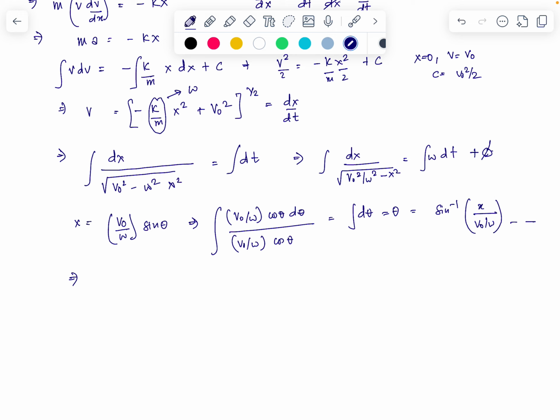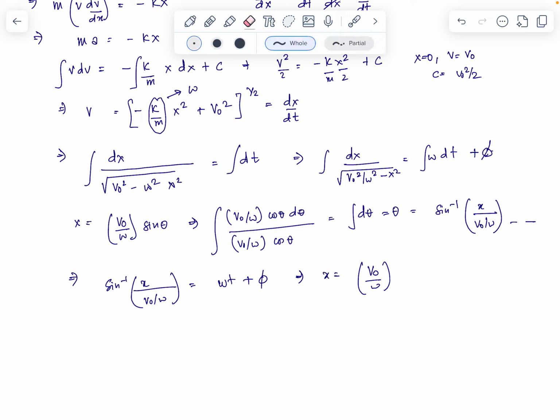So sine inverse of x divided by v0 by omega equals omega t plus some constant.